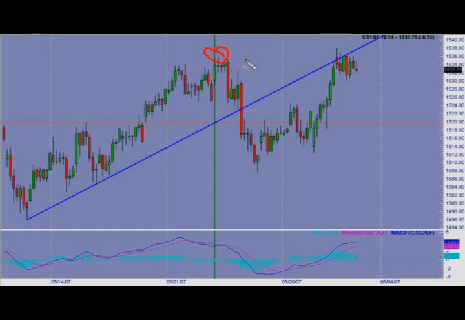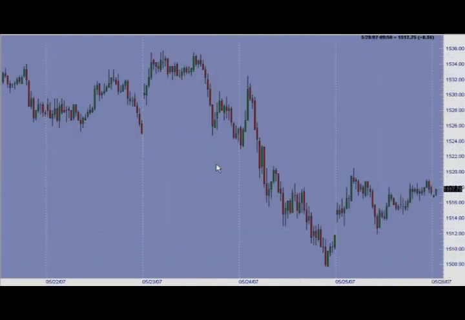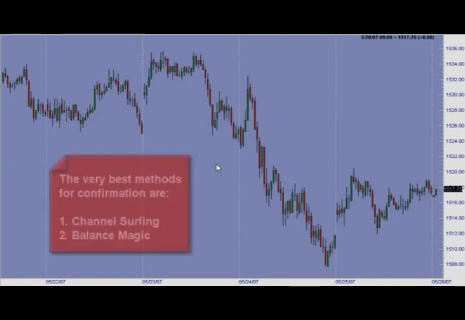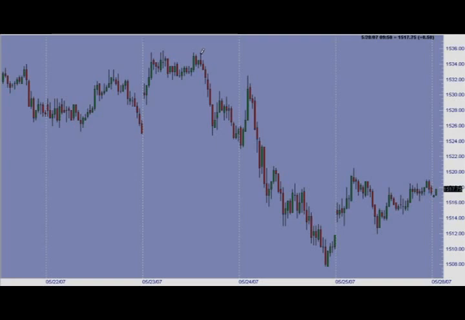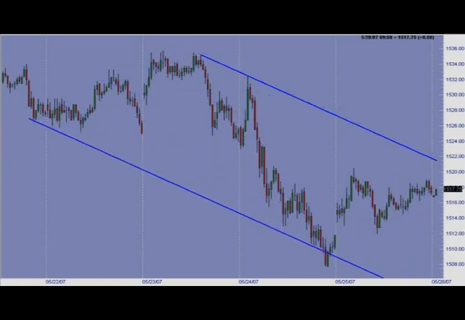Of any method or technique that you can use for confirmation, the best will always be channel surfing and balance magic. To show an example, let's consider a technique from channel surfing, drawing a trend line and duplicating it and setting it upon an opposite point, or in this case a low, to determine where the market was likely to end.